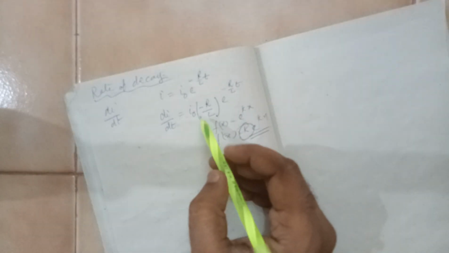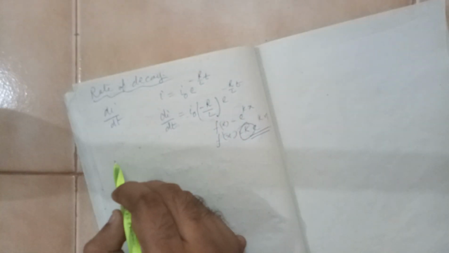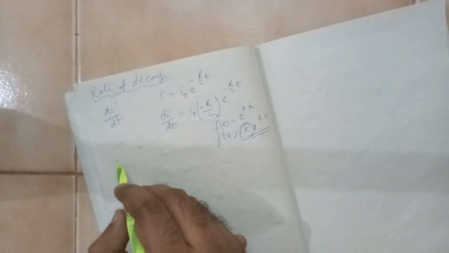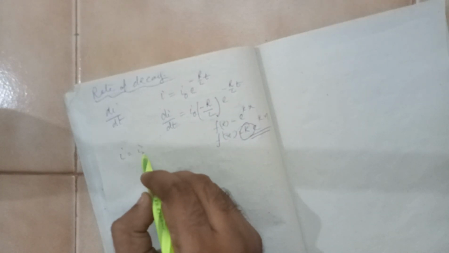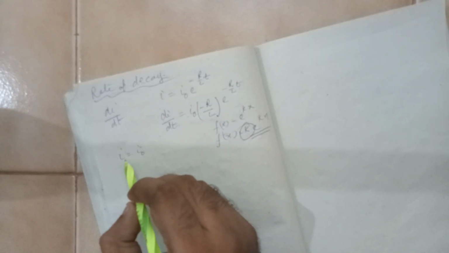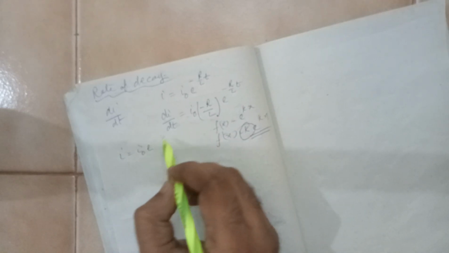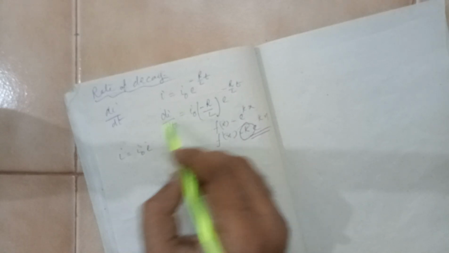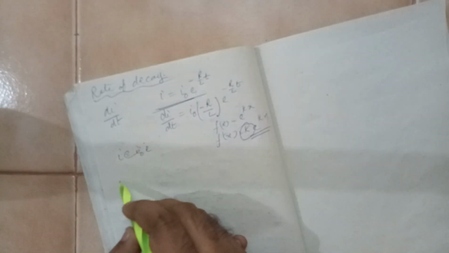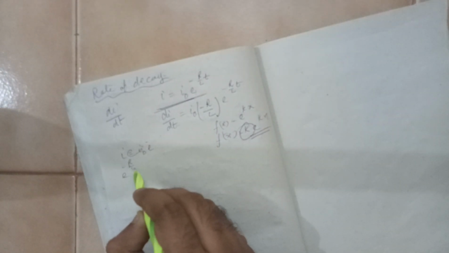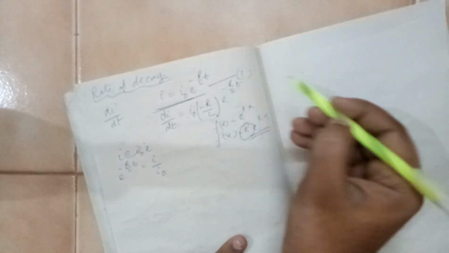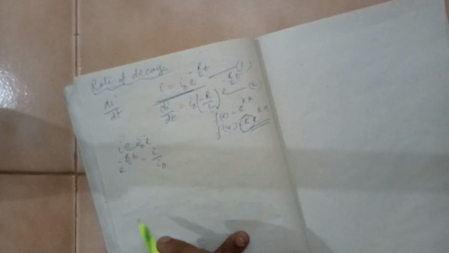So from here, we have earlier come to a conclusion that I is equal to I0 into e power minus R by L t. So can I write e power minus R by L t is equal to I by I0? Let us say this is equation 1, this is equation 2.